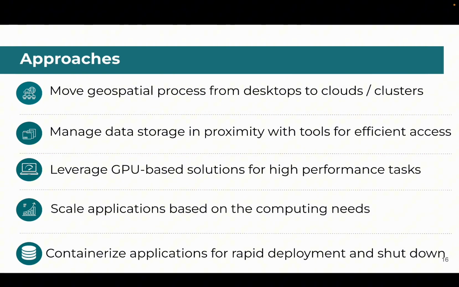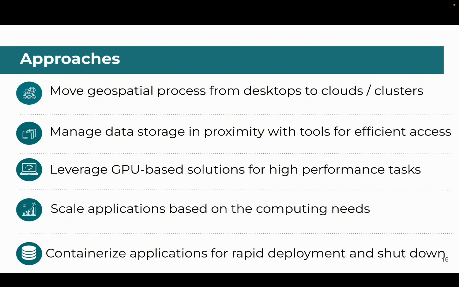For more demanding tasks, we can use GPU-based solutions. GPUs are great for handling complex operations like rendering large maps or running machine learning algorithms on spatial data. This speeds up tasks that would take much longer on regular CPUs. Scaling applications based on computing needs is another key approach.